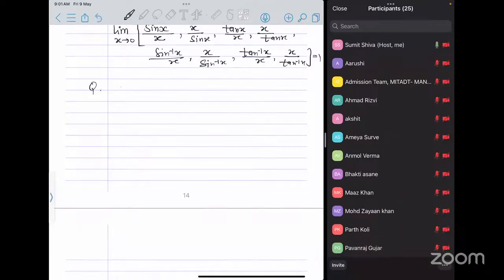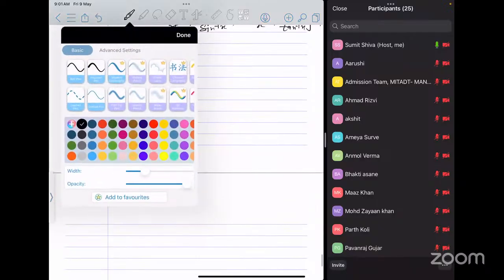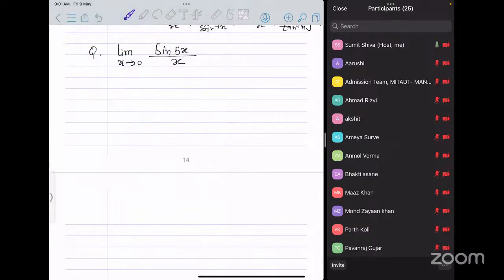Yes, sir. Limit x tending to 0, sin of 5x divided by x. What will be the value? So in this case, the argument of sin is 5x. Let me write it in this way.